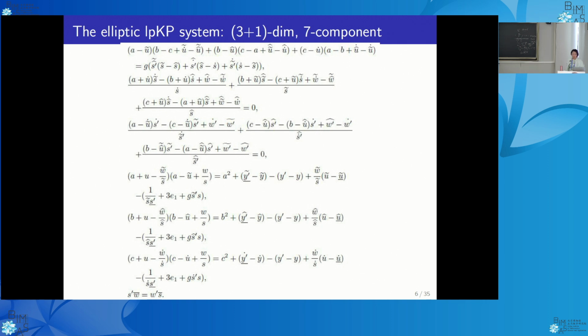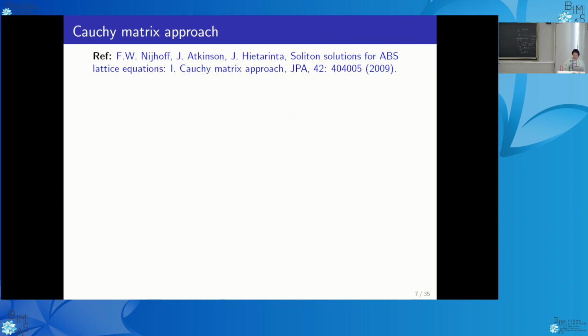A, B, C are lattice parameters. So there's one direction without a lattice parameter, which we'll introduce later.